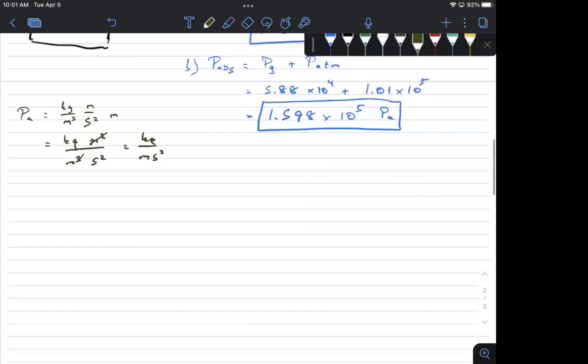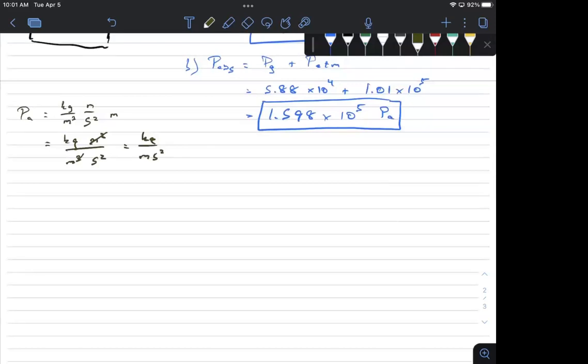Now, that's weird. Weird units, and I'm claiming that's pascals. Well, let's make sure that's actually pascals, because I know a second equation for pressure. Pressure, if you remember, was defined to be the force felt divided by the area. How much force is applied over what area? And I know force is newtons and area is meters squared.